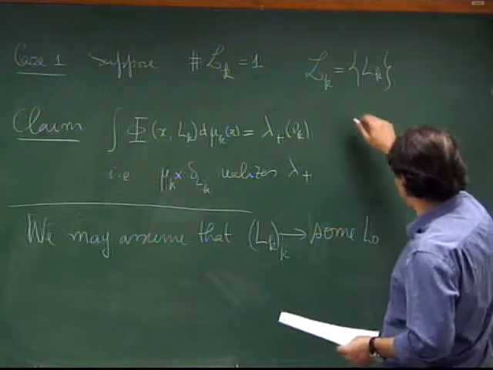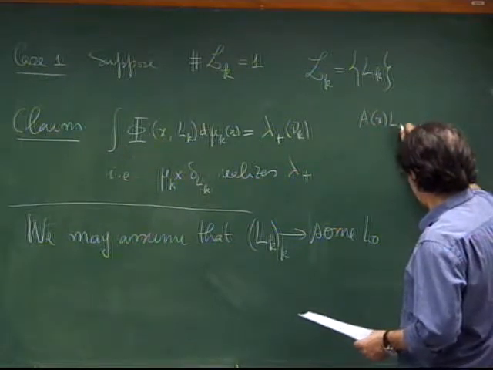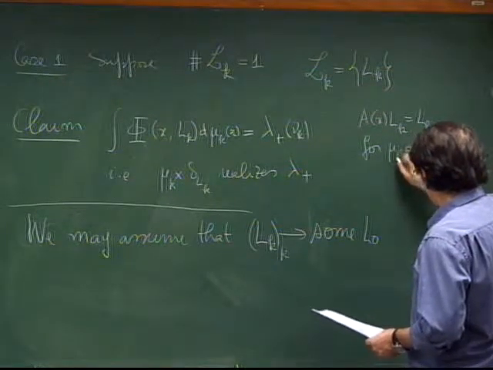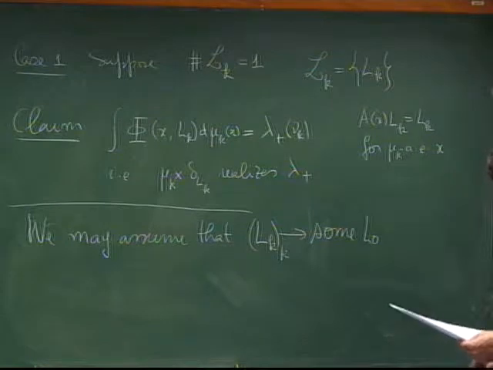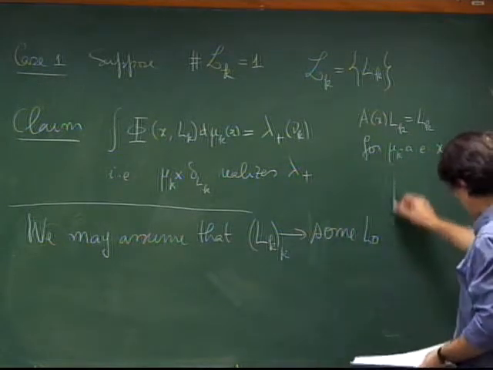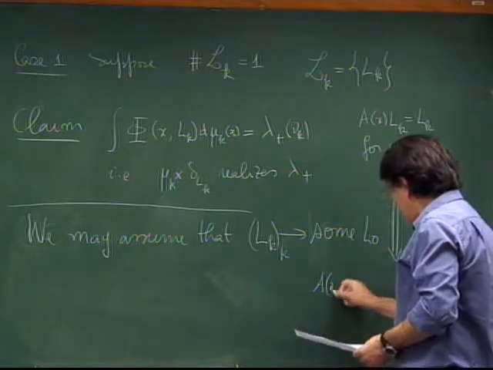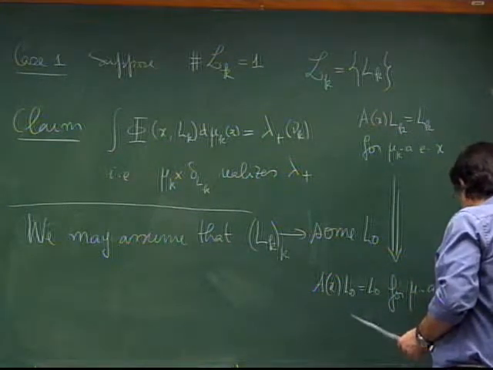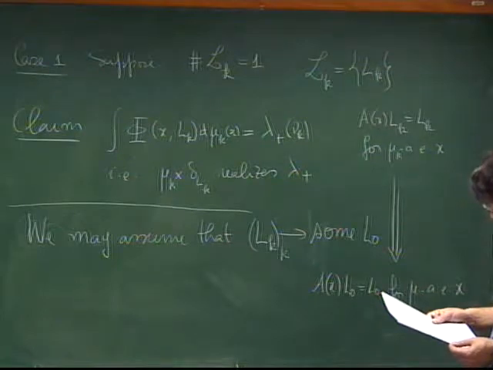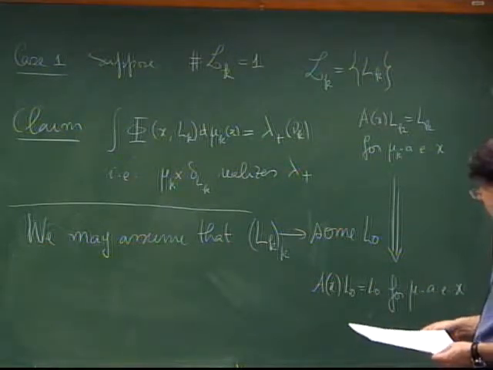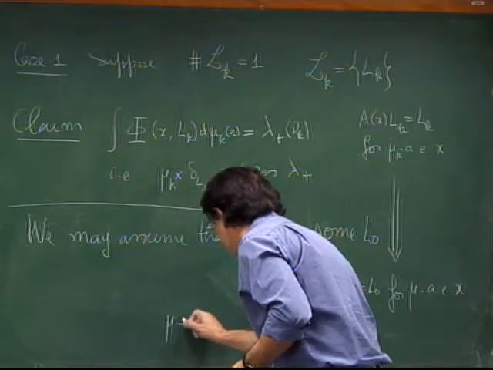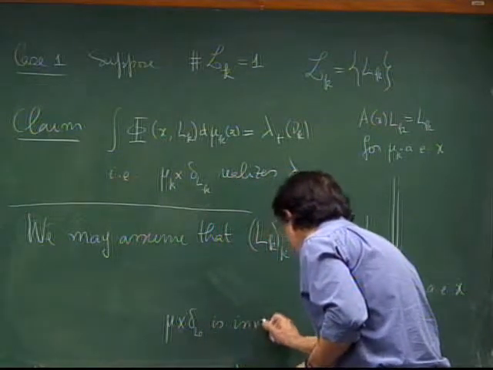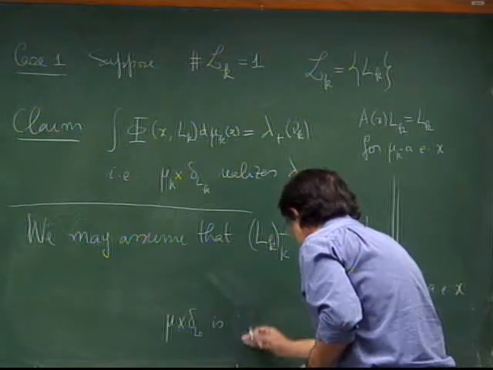Okay, so Lk is such that Ax of Lk is equal to Lk for mu k almost every x. And then what happens is this goes to the limit, and Ax of L0 is equal to L0 for mu almost every x. So the measure mu times Dirac mass at L0 is PF invariant.